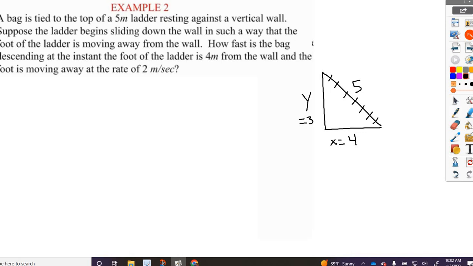So how fast it's going down. Okay, so that means that we are looking for dy dt, which means that the way how fast it's moving out would be what? dx dt. So that is 2.